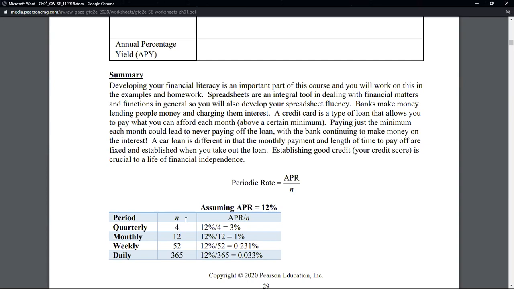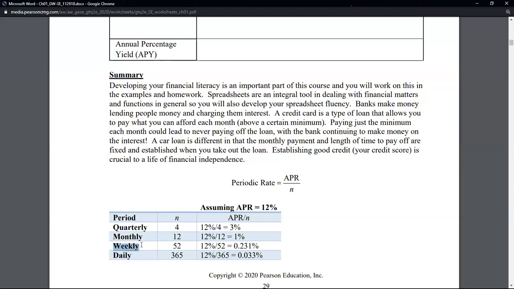A quarter says you're dividing by 4 because it happens every 3 months. So if you were paying 12% per year, that means when you divide it up quarterly, you're only paying 3% every quarter. So 3% for the first 3 months, then 3% for the next 3 months, 3% for the third 3, and then 3% for the fourth 3 months.